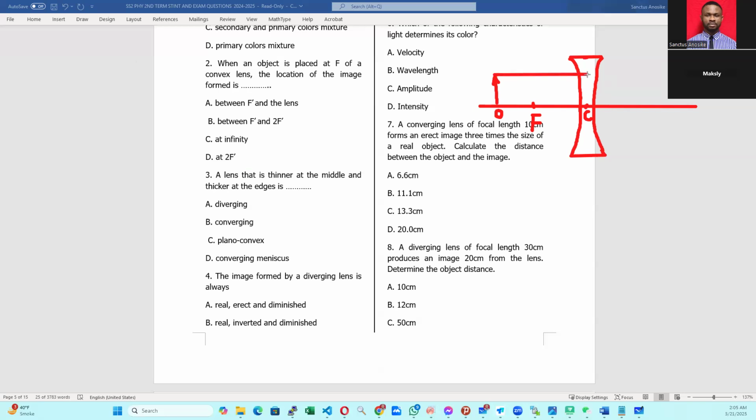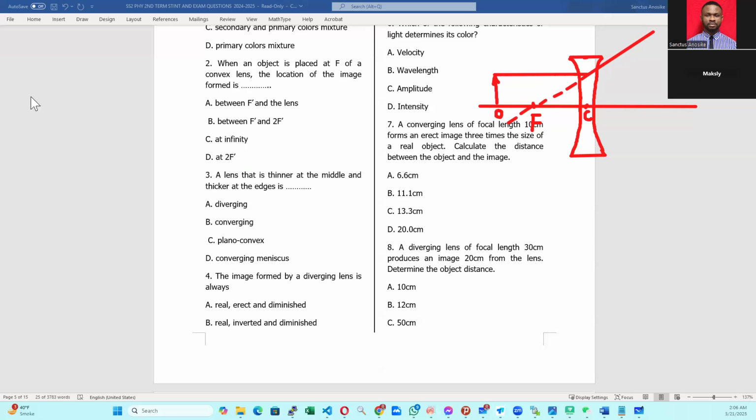The divergent ray, if you trace it back, will look as if it originates from this point.